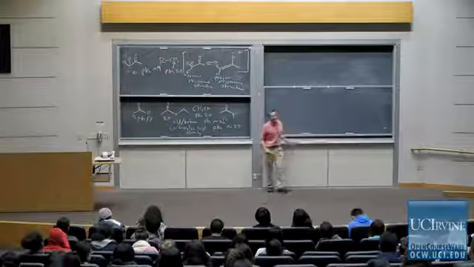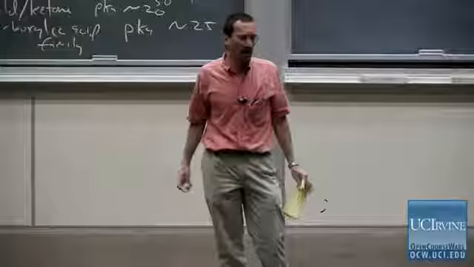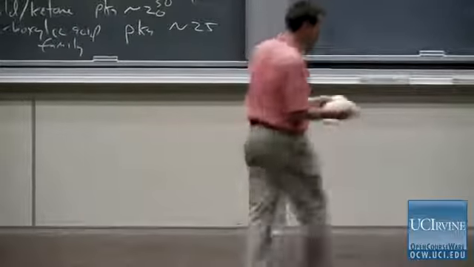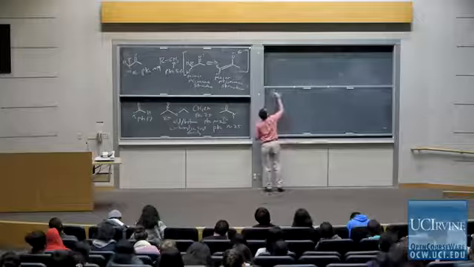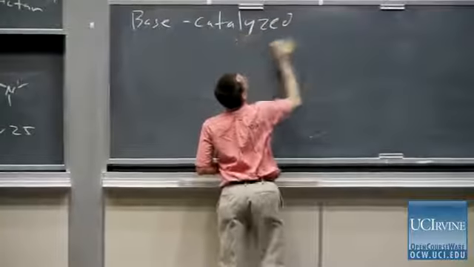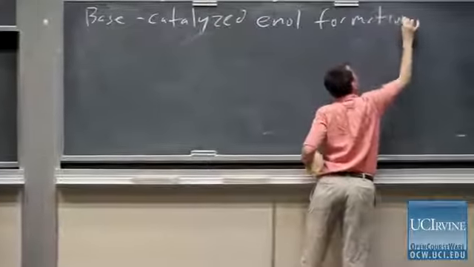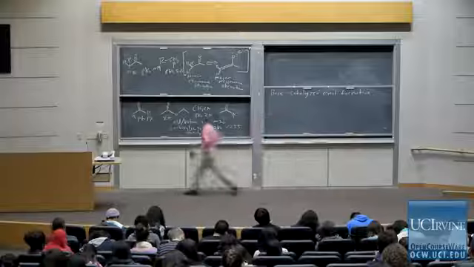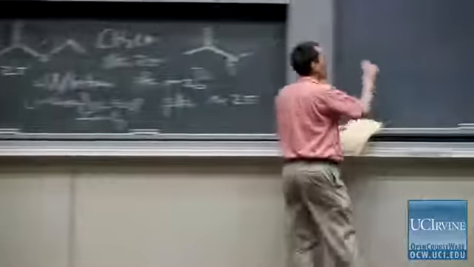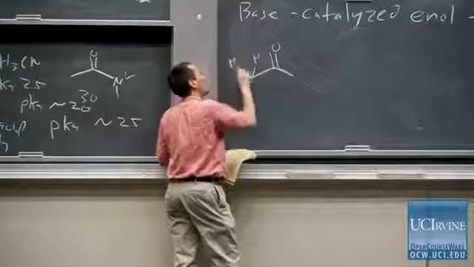Since the alpha protons of ketones and aldehydes are acidic, it shouldn't surprise you that base can also catalyze enol formation. So, let's come back to our acetone molecule as our sort of archetypal ketone.